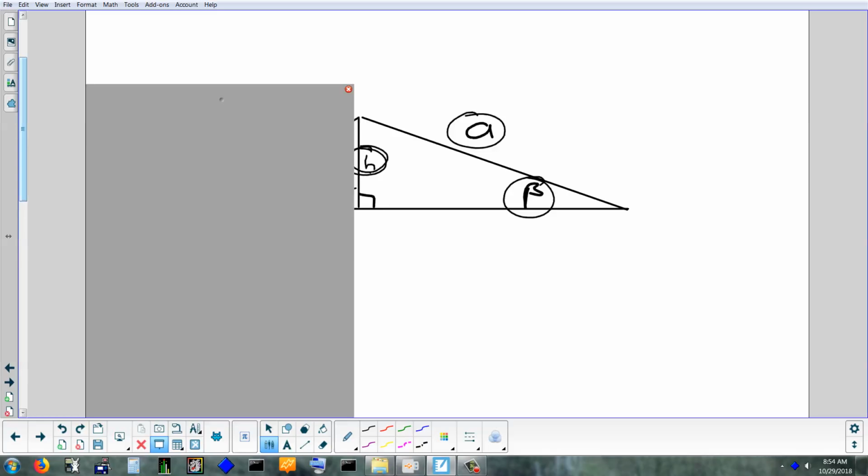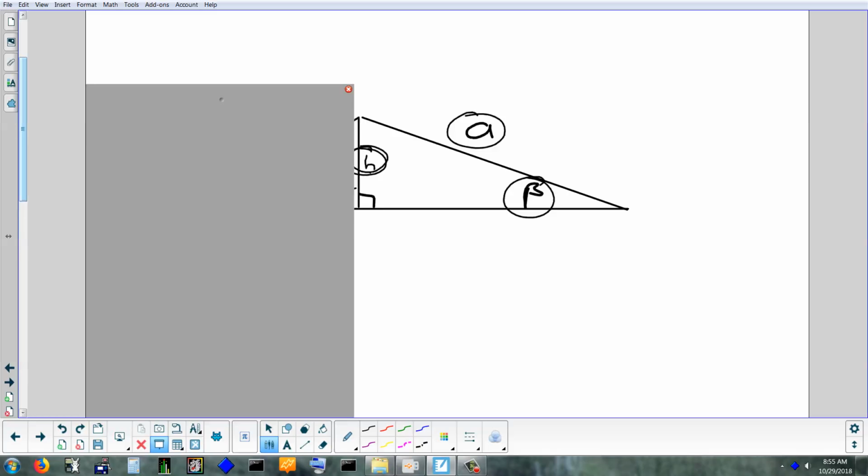Opposite. And how about A? What side is that? Adjacent. No, not adjacent, because it's across from a 90. Hypotenuse. When a side is across from a 90, it's always hypotenuse. There's no way around it. Across from 90, hypotenuse. So I have opposite and hypotenuse.